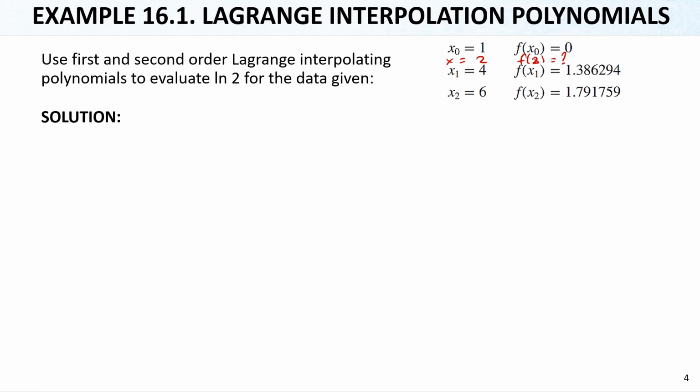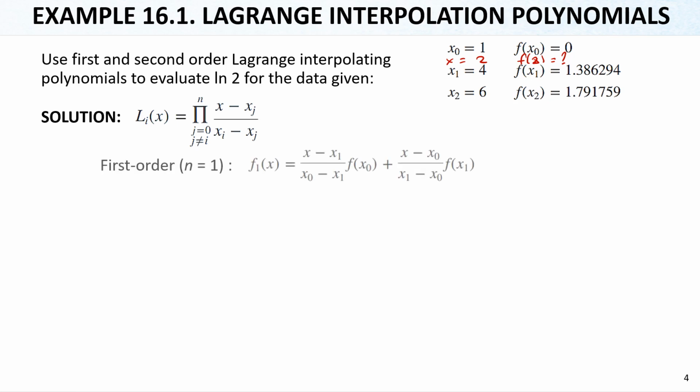So here, if x is 2, what is f(2)? For the solution, let's start with first order. Let's see the Lagrange polynomial first. This was the product of this. And for the first order, if we want to open it, we have two terms. We said this already. This is the formulation. That means we will use two data points, x1 and x0. So we can use 1 and 4.